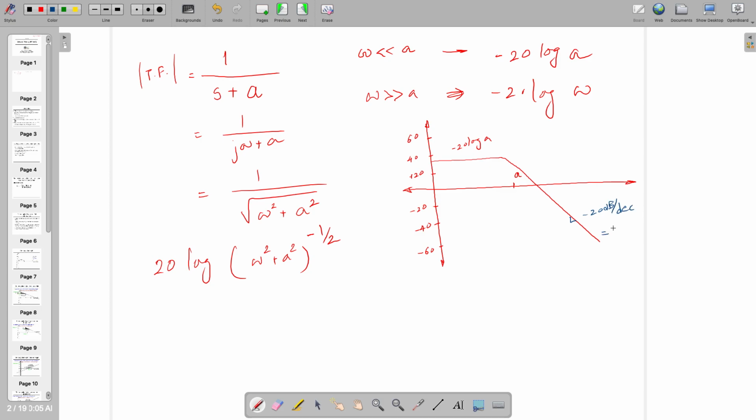Or it's equivalent to minus 6 dB per octave. Yeah, all good, all fine, right?